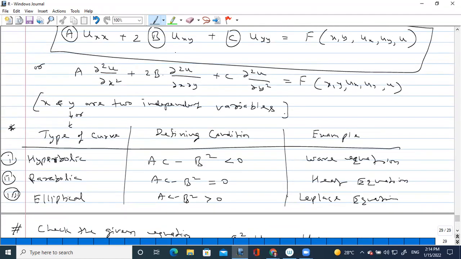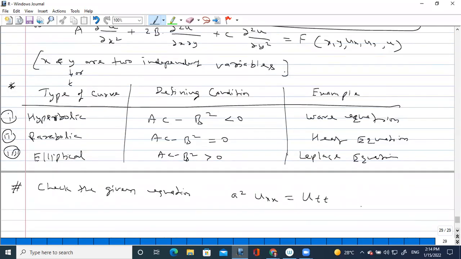uxx means a and uyy means it will give you c, but you have to take it on the left hand side. Then you have to consider. So it is a square uxx minus utt is equal to 0. Okay.